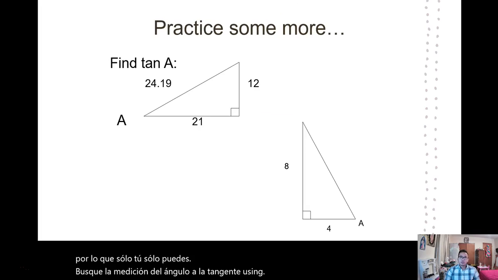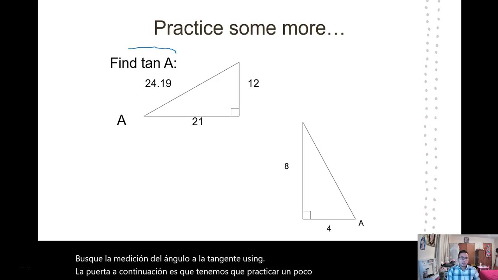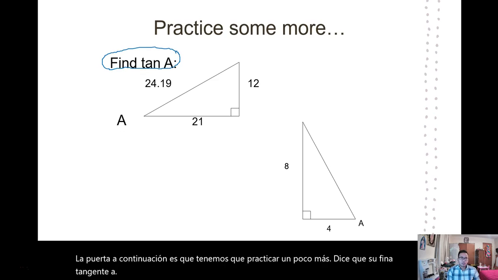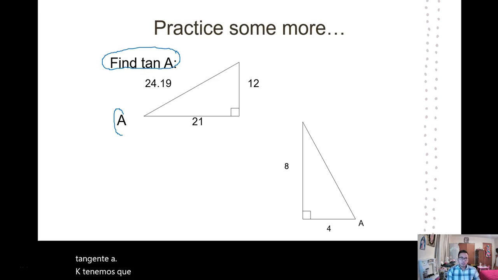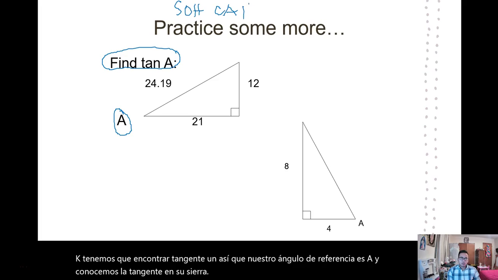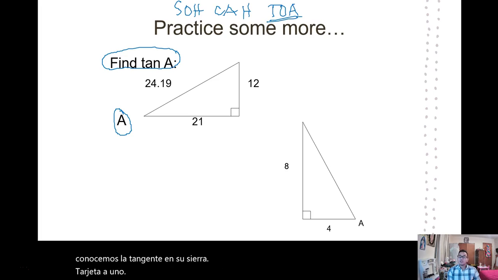Okay, next we have to practice some more. It says there, find tangent A. Our reference angle is A, and we know the tangent in SOH CAH TOA: TOA is opposite over adjacent.